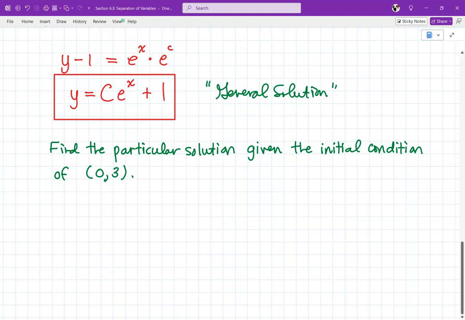Okay, so in other words, 0, 3 is supposed to belong to the actual particular solution. I have the general one, but I know that the actual graph passes through 0, 3.